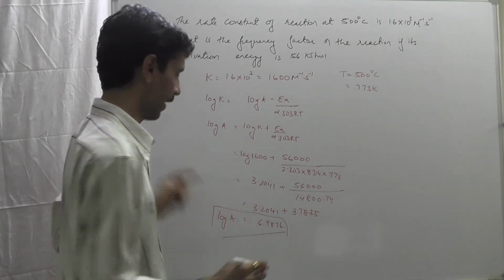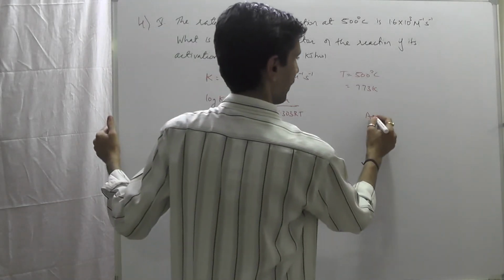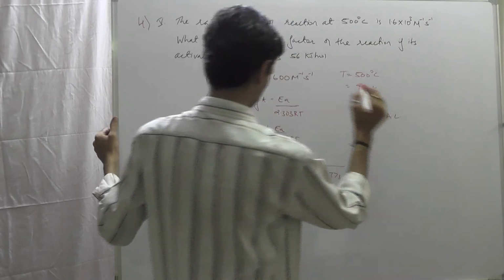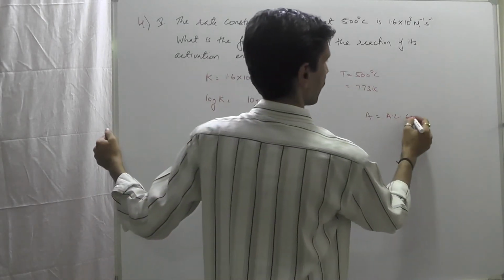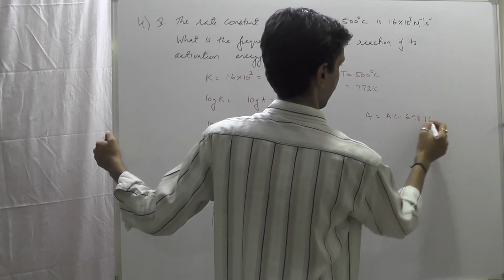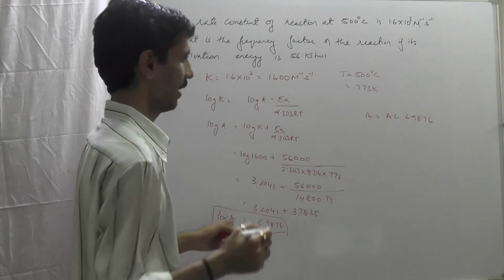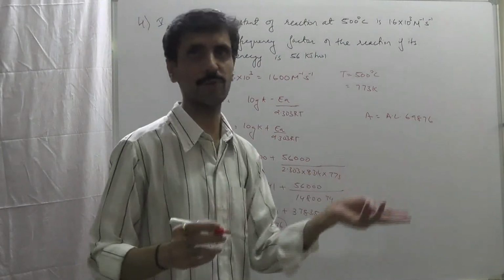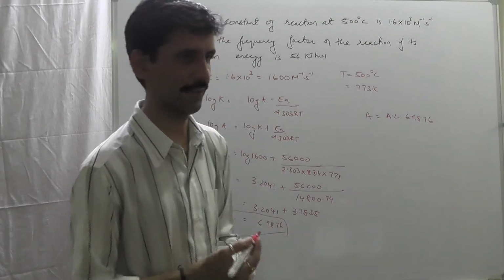Both the sides divide by log, so I will get A is equal to antilog of 6.9876. Okay, take its antilog. Okay, divide both the sides by log, so that's why we get it that way.